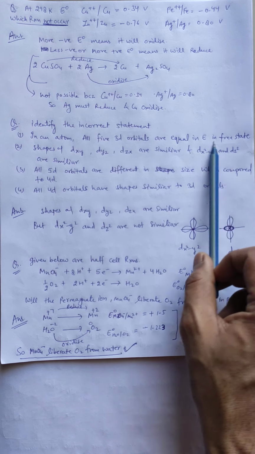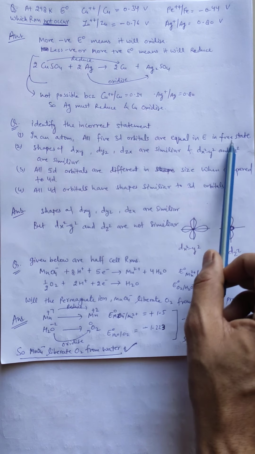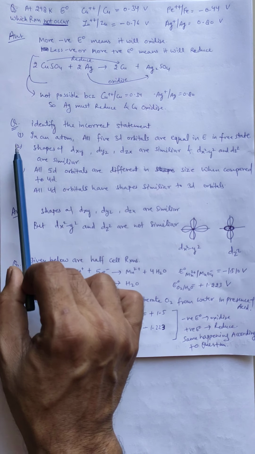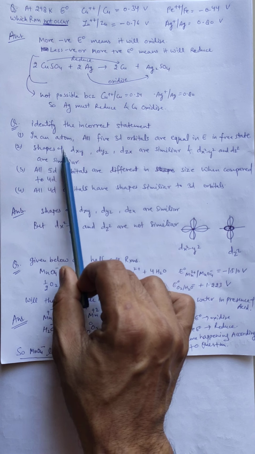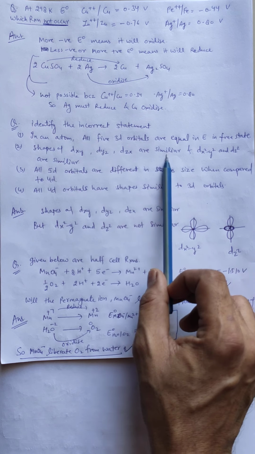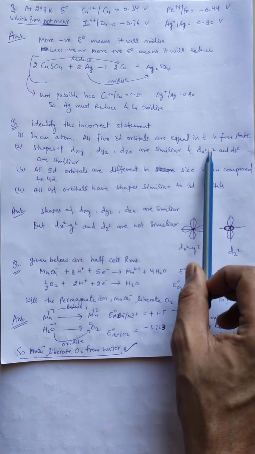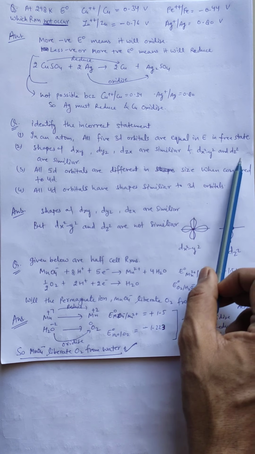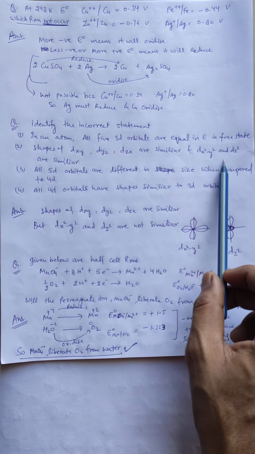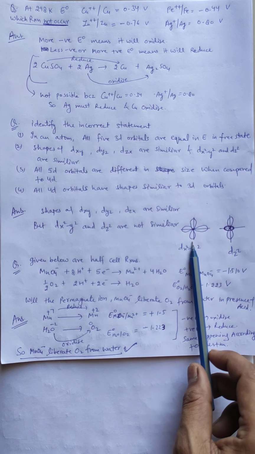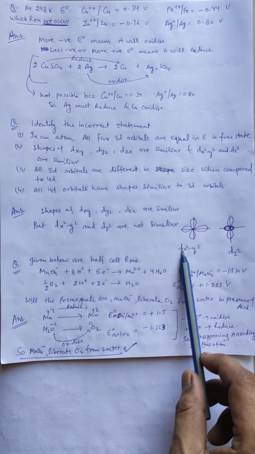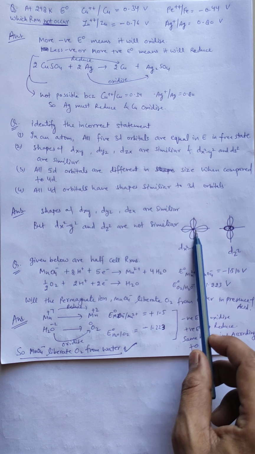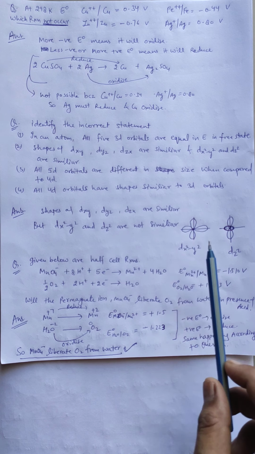In the free state, d orbital splitting does not take place. Next, shapes of dxy, dyz, dzx are similar. Yes, it is correct. And dx square minus y square and dz square are similar. No, it is not correct because dx square minus y square and dz square have different shapes like this. Dx square minus y square lies in the x and y direction, right?